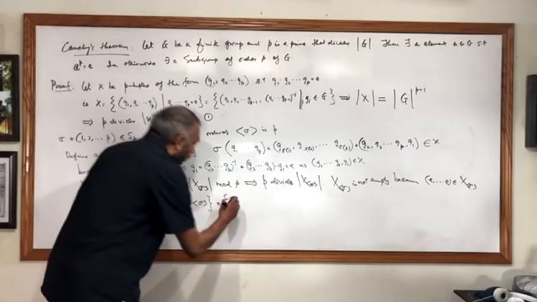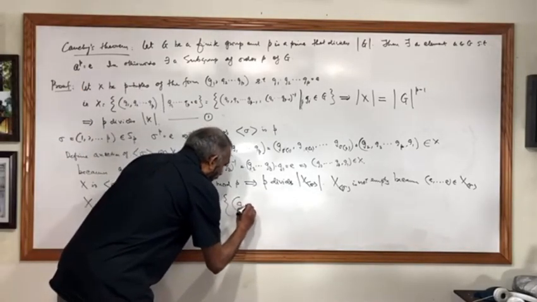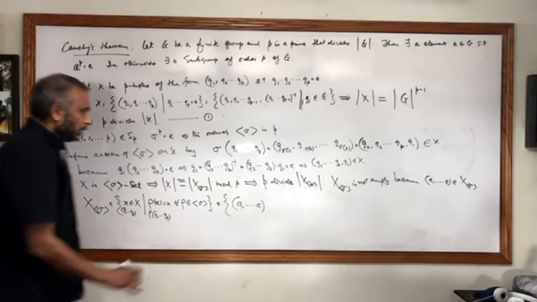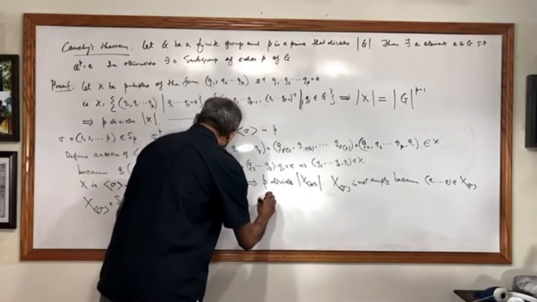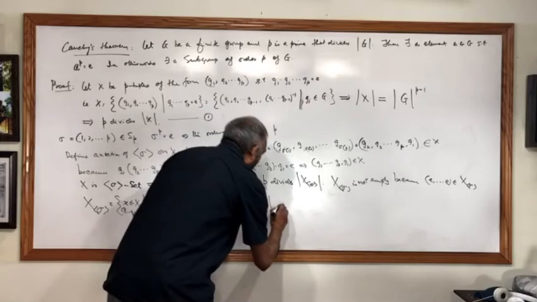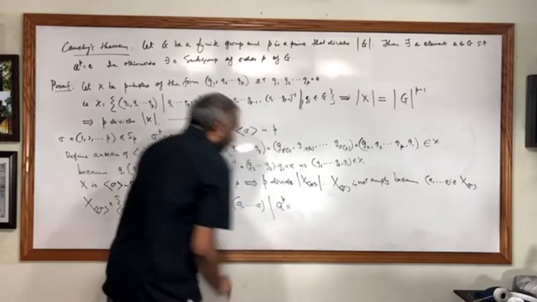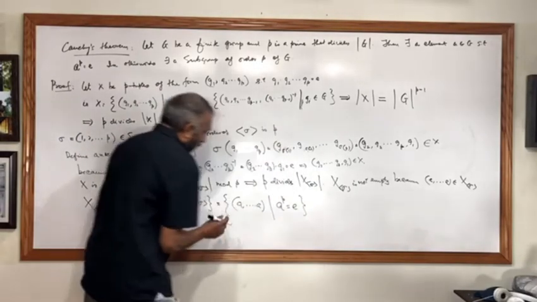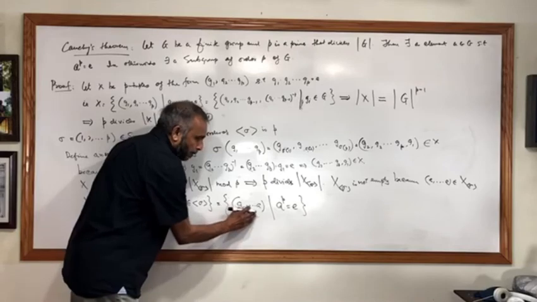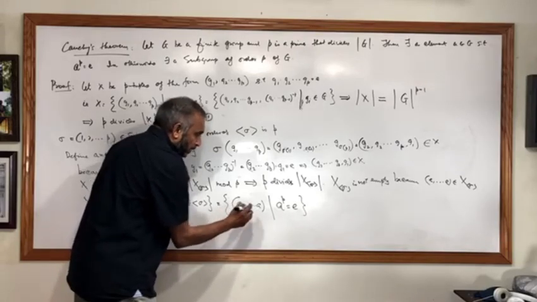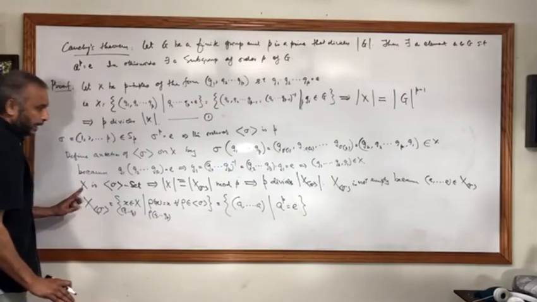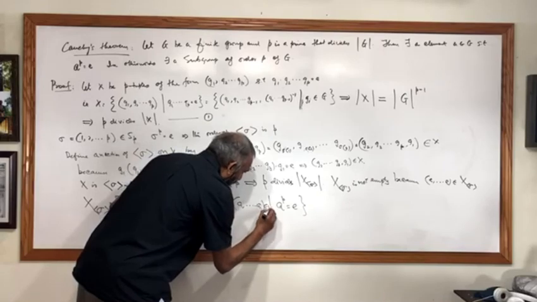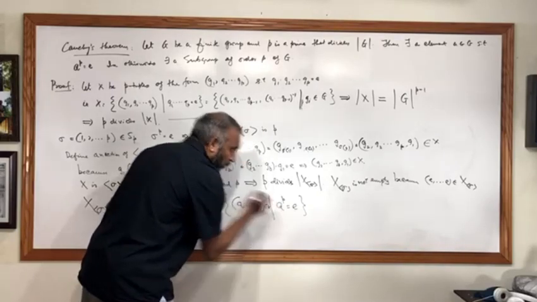That means this will be of the form (a, ..., a) such that a to the power of P is equal to E. You cannot take every a, because it may not even be in X. So (a, ..., a) belongs to X such that a to the power of P is equal to E.